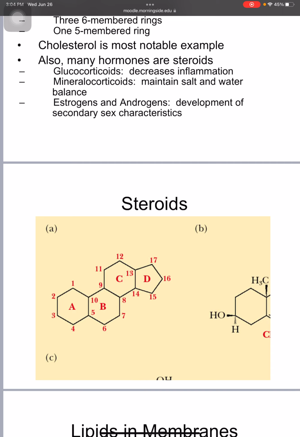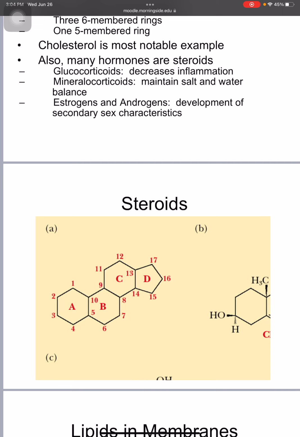A lot of times when people think steroids, they automatically think of what we call anabolic steroids. And yes, anabolic steroids do have this common ring structure, but just because you have that structure doesn't mean it's anabolic. Anabolic means that you're using it to build up muscle tissue and other metabolic products. There are several other types of steroids that have different functions.